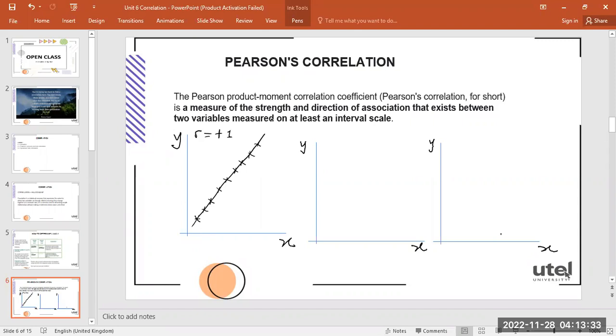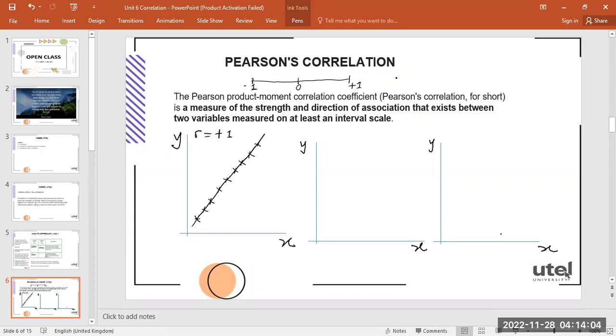Before I proceed, it is important to know that the correlation coefficient R is a value that lies between -1 and +1. If I have a straight line here, here is +1 and here is -1.